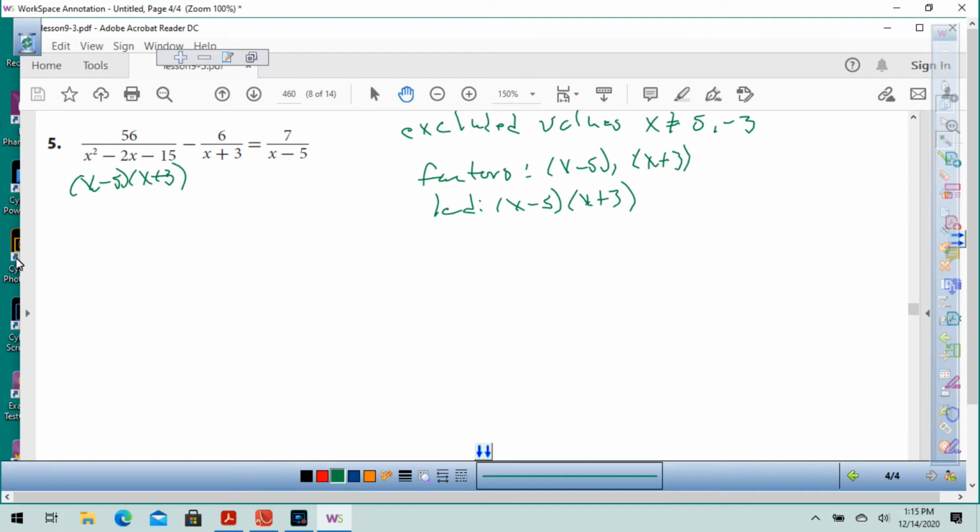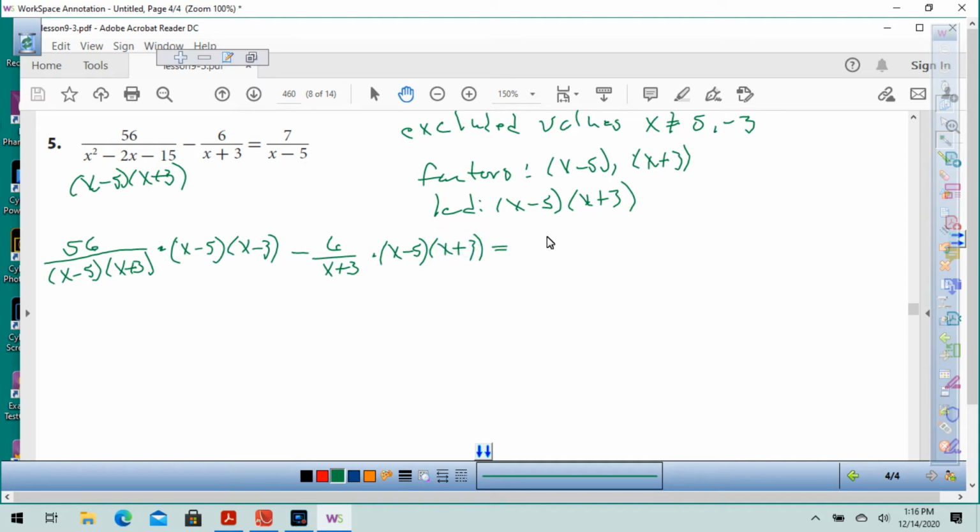All right, so I have 56 over x minus 5 times x plus 3, and it's going to be times x minus 5 times x plus 3, minus 6 over x plus 3 times x minus 5 times x plus 3.